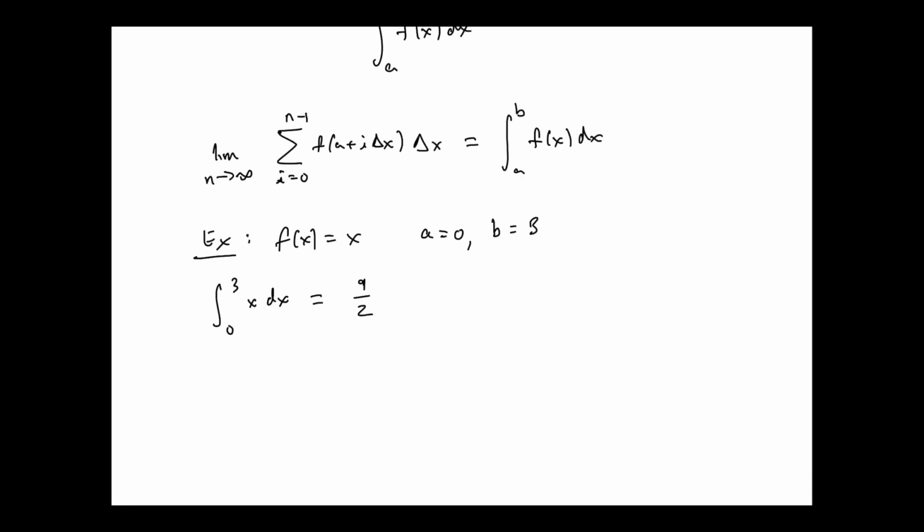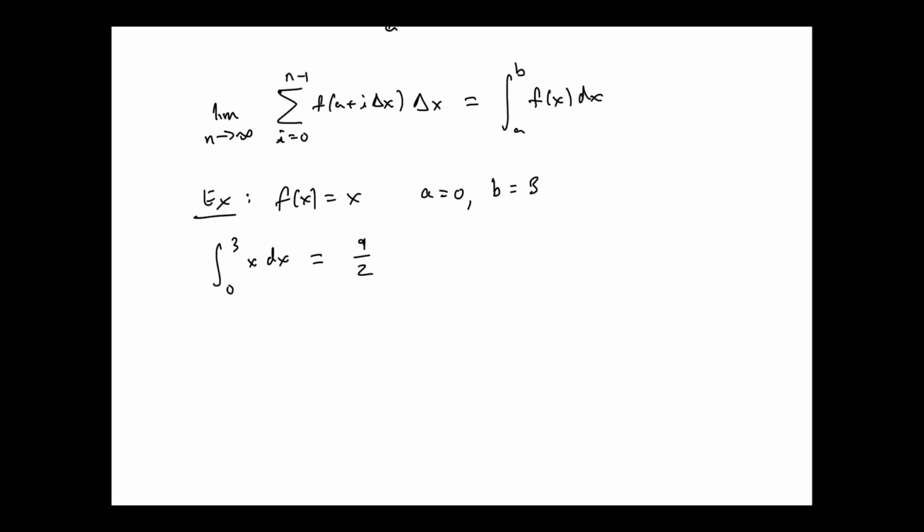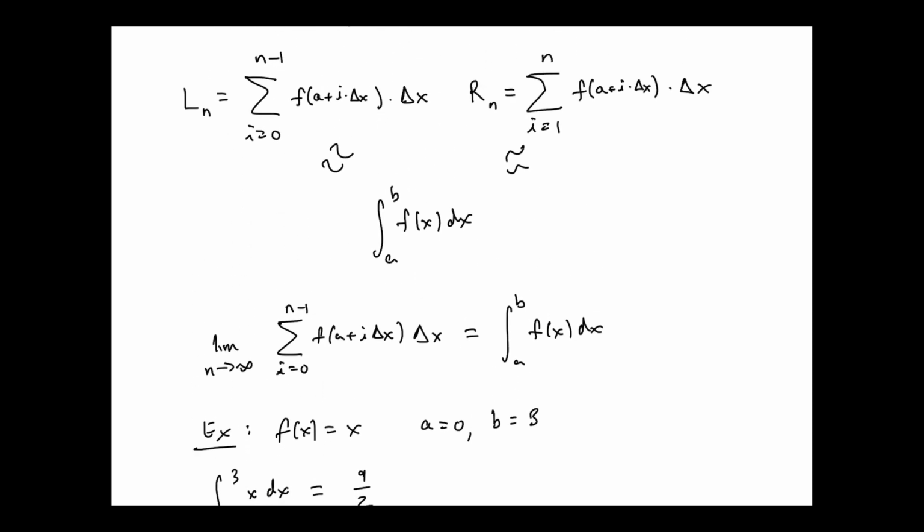First thing I've got to do is set up my formula. For the sake of convenience, I could do either the left-handed or the right-handed version. It doesn't actually matter, because if I do the left and the right-handed version and I take this limit, what should the values of the limits be?